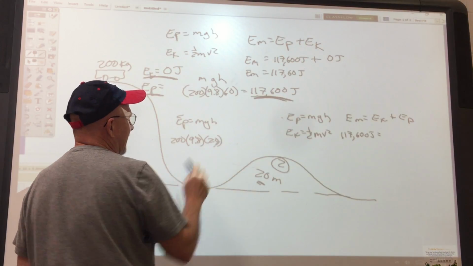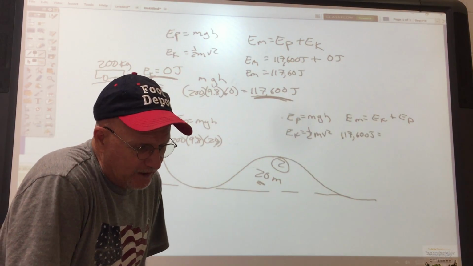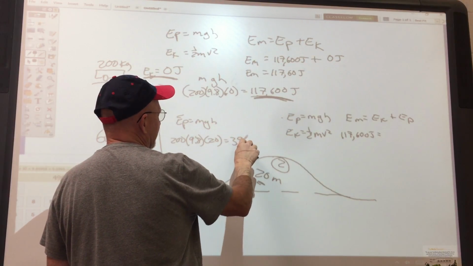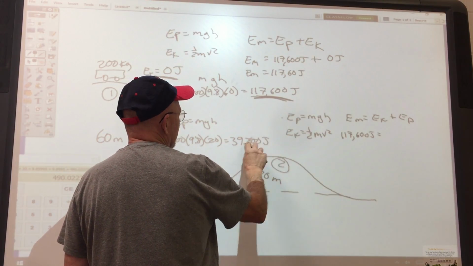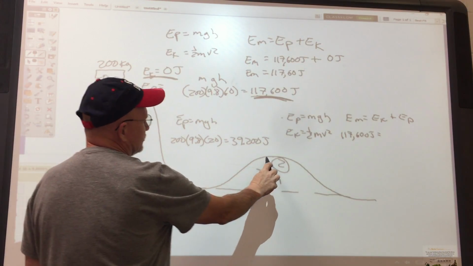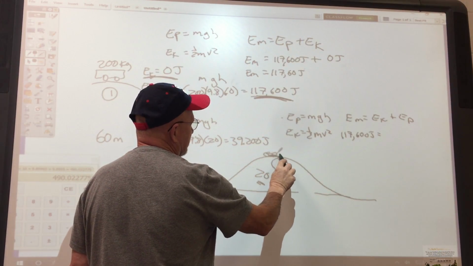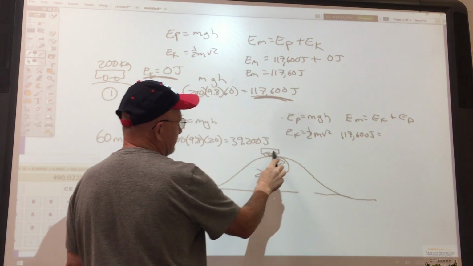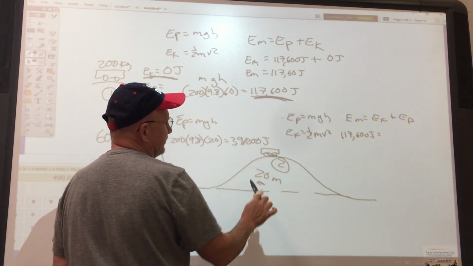When I do that math, I wind up with 39,200 joules. That's real handy, because now I know the potential energy when it gets to this place: because it's 20 meters high, its potential energy is 39,200.